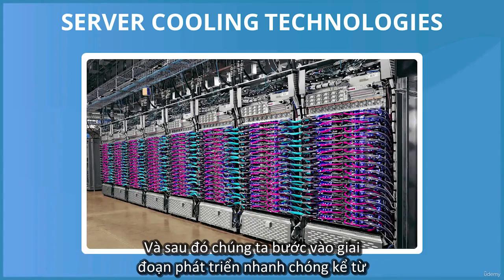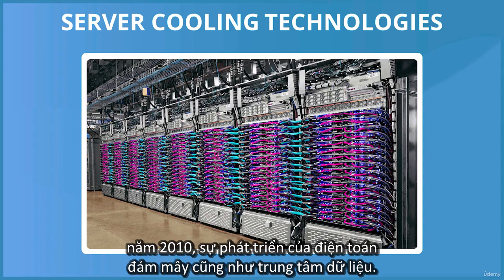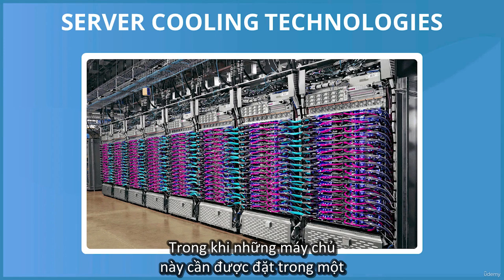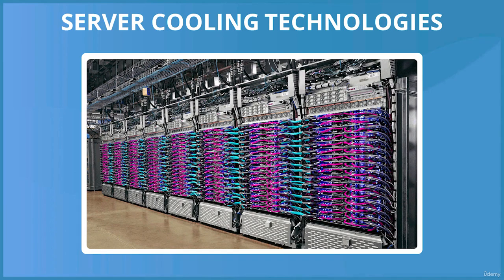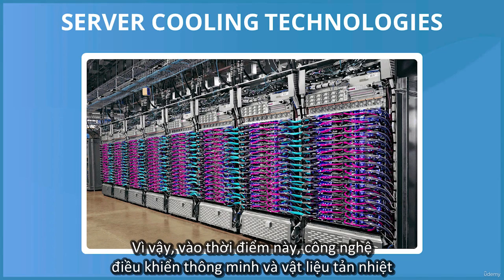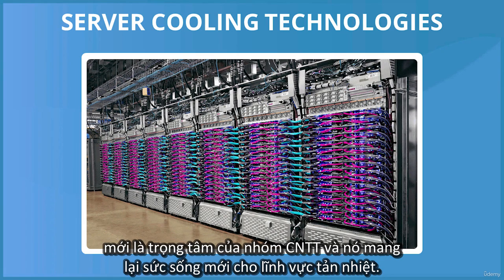And then we get to the high-speed development period since 2010. With the development of cloud computing, as well as data centers, these servers need to be placed in a limited amount of space, and heat dissipation becomes the top priority. So at this time, intelligent control technology and new heat dissipation materials are the focus of the IT team, and it brings a new vitality to the heat dissipation field.